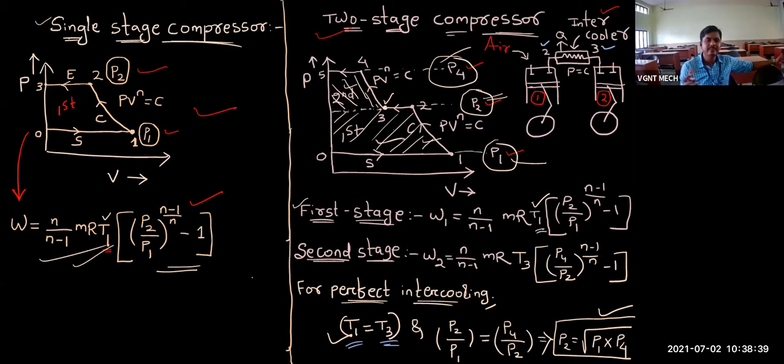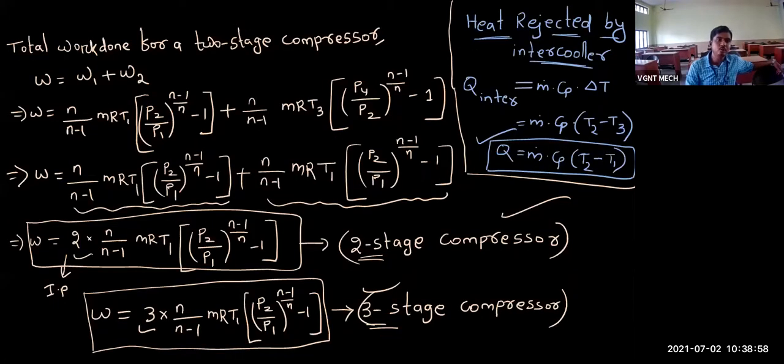Because sometimes they never ask it, but if they ask, derive an expression for work done for a single stage compressor, draw the PV diagram, calculate for the first stage what is the work done, calculate for the second stage what is the work done, then write down the condition and calculate the total work. Clear? Ultimately you have to remember these formulas, which will be helpful in solving the problems.